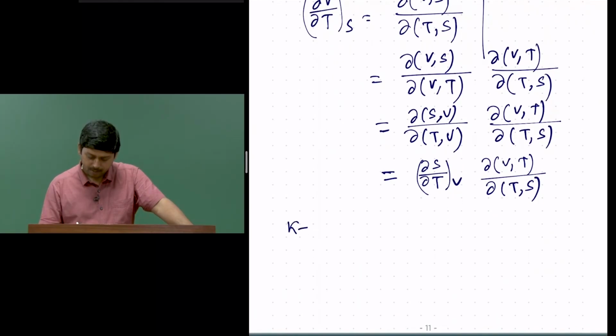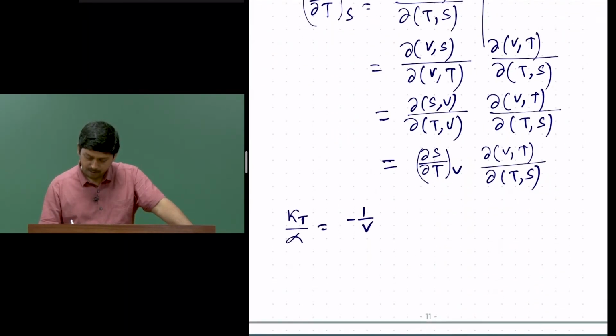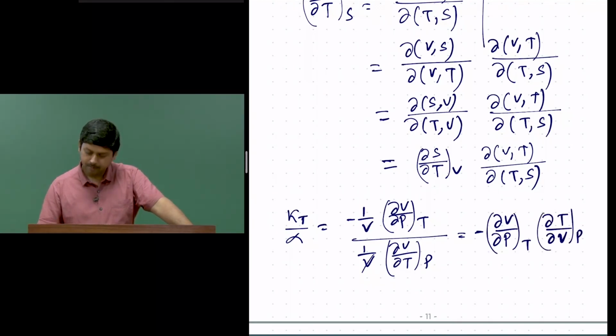Kappa T by alpha is minus 1 by V del V by del P at a constant temperature by 1 by V del V by del T at a constant pressure. V and V cancel, giving minus del V by del P at a constant T, and we can always write the inverse way, del T by del V at a constant P.